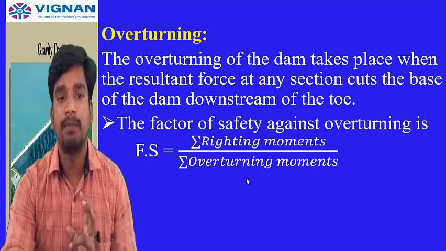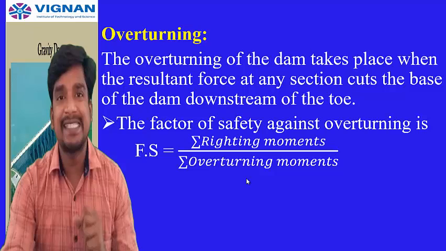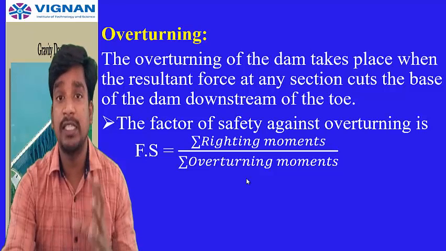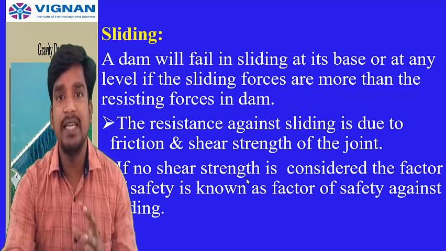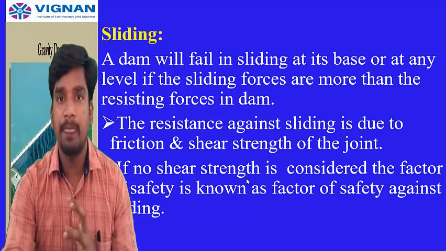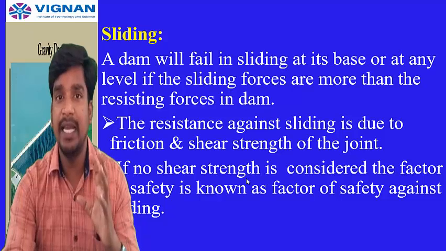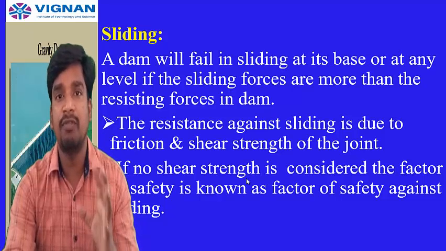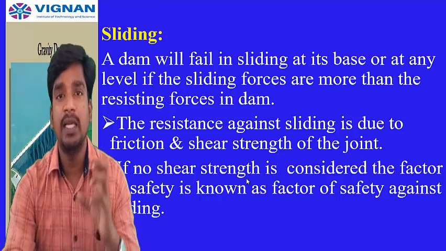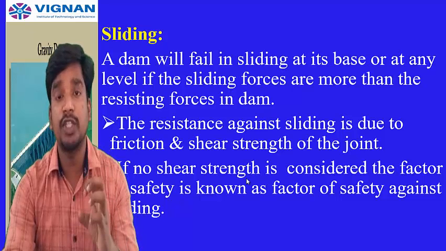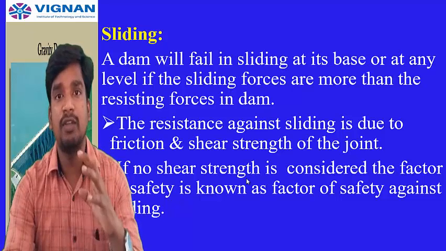Now coming to the second force. What is the second force? It is the sliding force. Why will the sliding force act on the dam? Sliding will be stopped only if we provide proper cohesion or friction between the soil and the foundation.